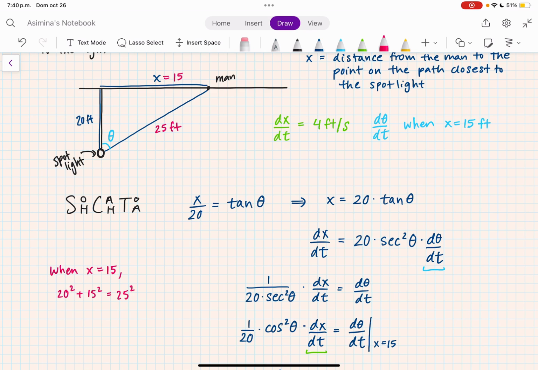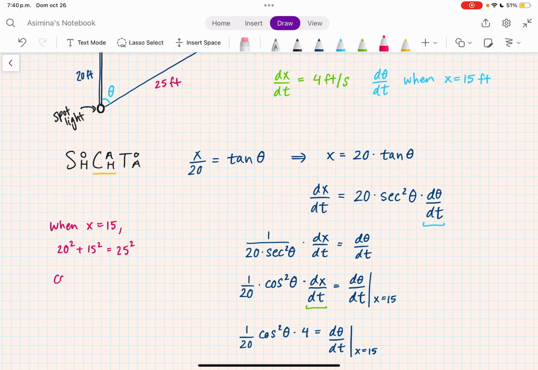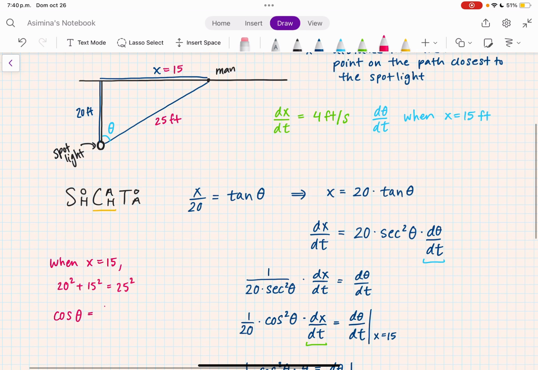And now we can use that to find cosine, which is adjacent over hypotenuse. So cosine of theta is equal to opposite, which is 15, over hypotenuse, which is 25. Oops, sorry, adjacent over hypotenuse. Adjacent is 20. So we have 20 over 25, and that is equal to 4/5.